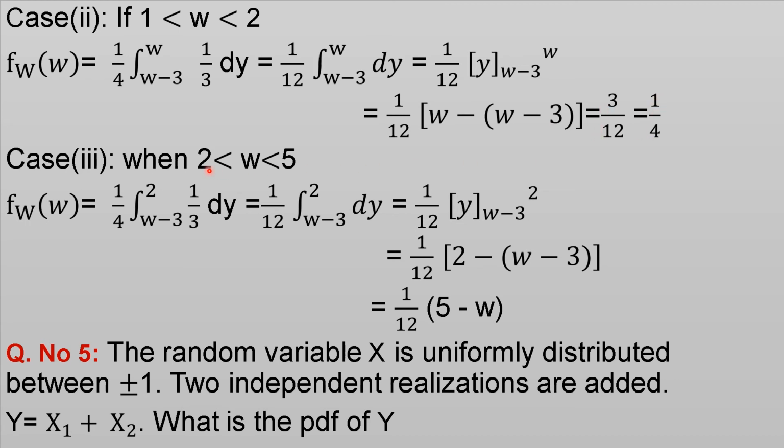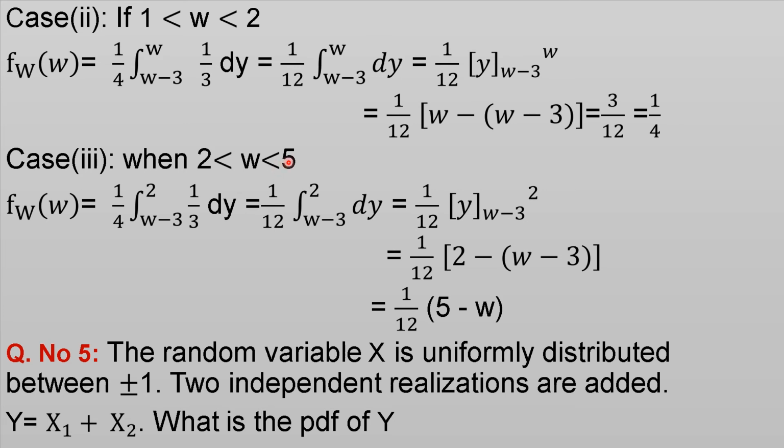Third case, when w is greater than 2 and less than 5. fw of w is equal to 1 by 4 into the integral of fx of w minus y dy, where we have seen y should be greater than w minus 3 and less than w. When w lies between 2 and 5, consider the lower bound of y, w minus 3. When w is 2, w minus 3 will be -1.